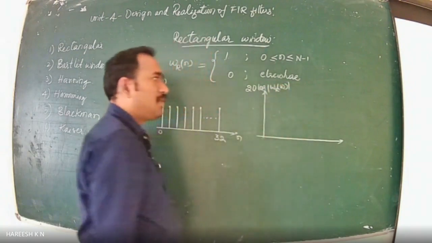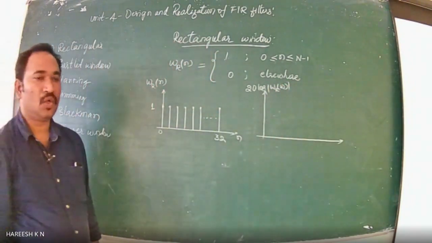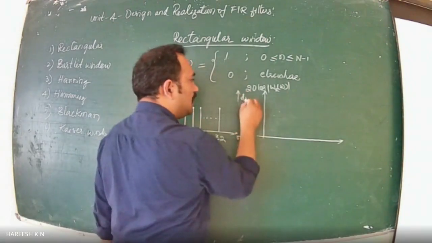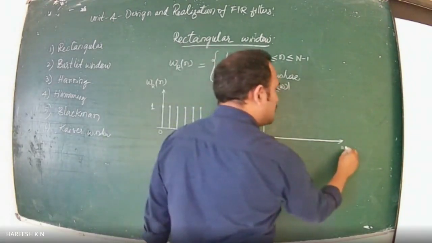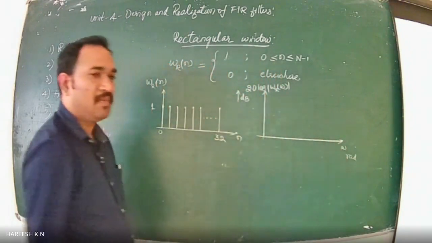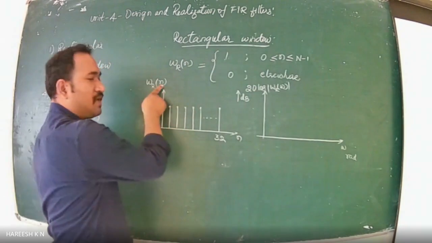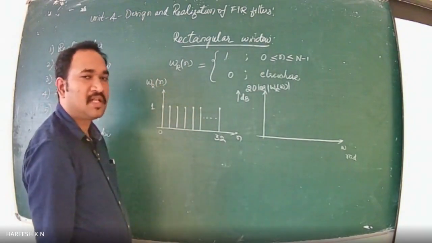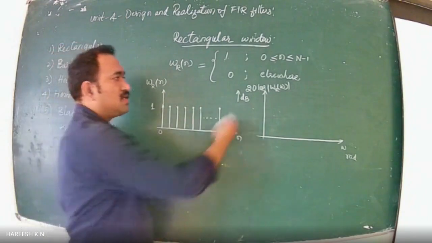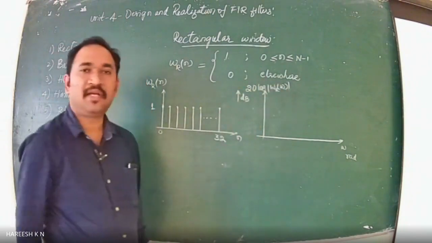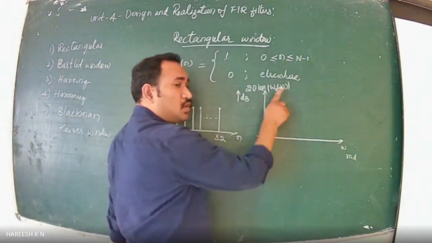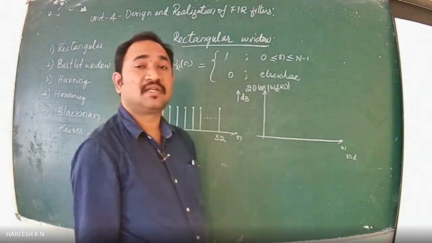This is measured in dB, and this is the digital frequency, which is measured in radians. If w_R(n) is applied with the discrete-time Fourier transform, DTFT, obviously its representation in the Fourier domain will be capital W_R of omega, correct? Omega is a digital frequency. Don't get confused with continuous time.